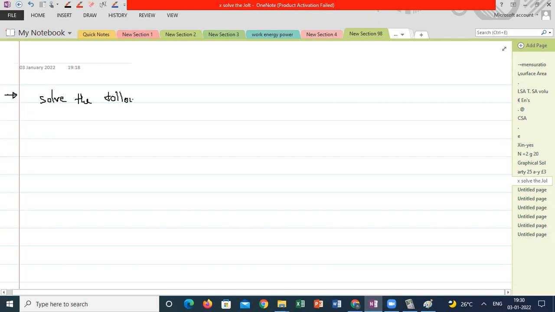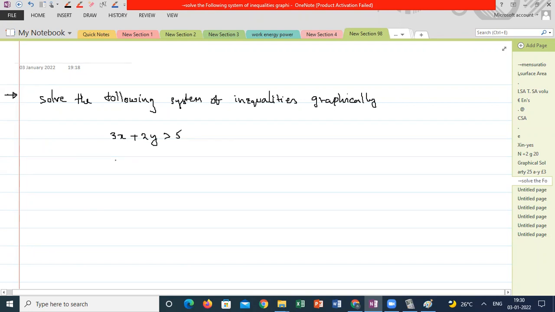Solve the following system of linear inequalities graphically: 3x + 2y > 5, x + y ≥ 1.